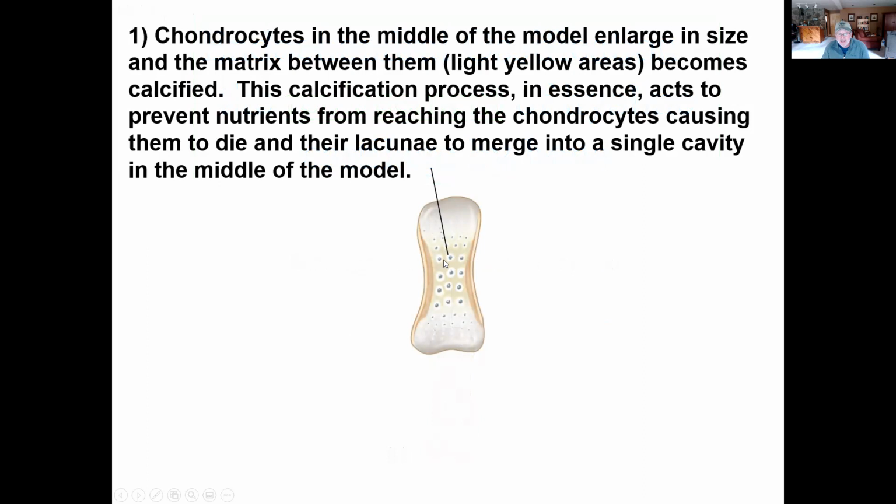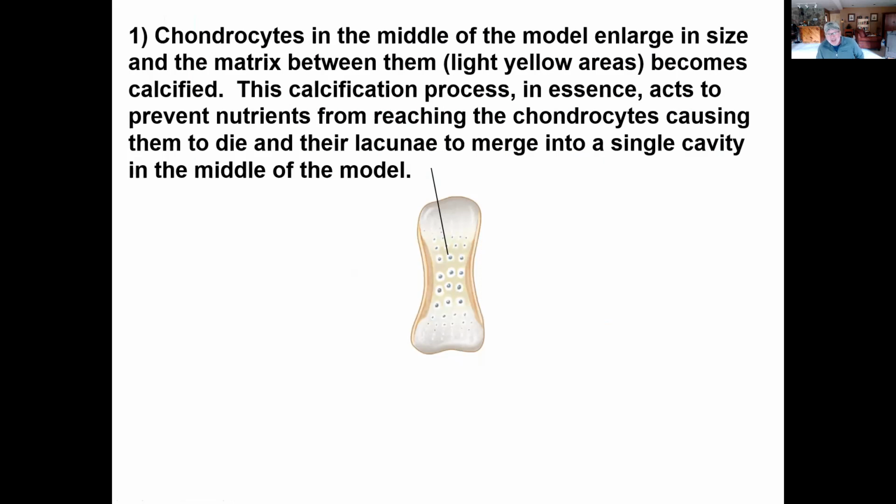And the matrix that surrounds them begins to calcify. So what you see denoted here is this yellow material. That's the calcification that's beginning to occur between the lacunae, which house the cartilage cells.